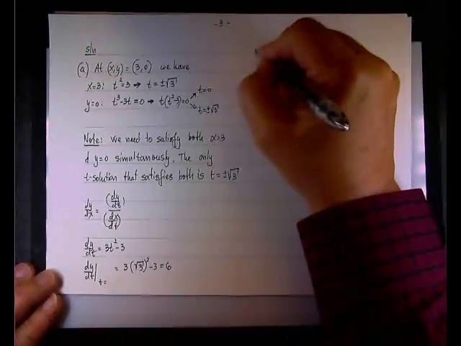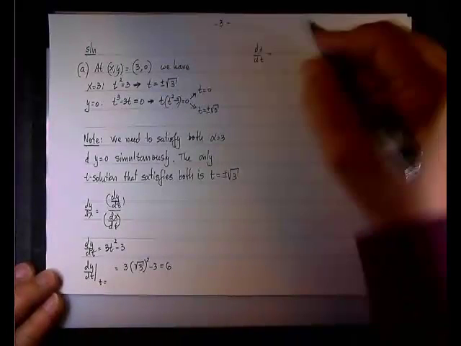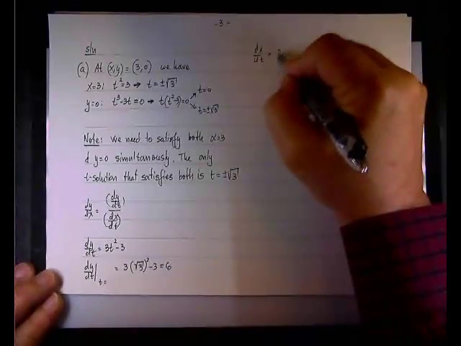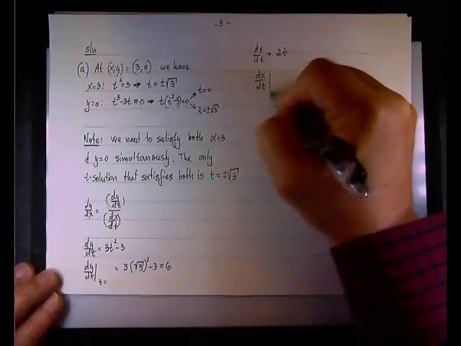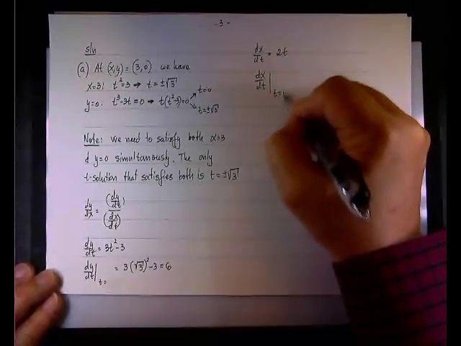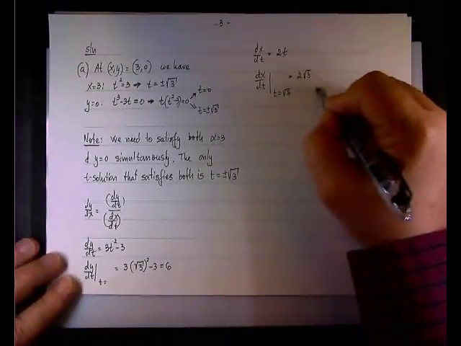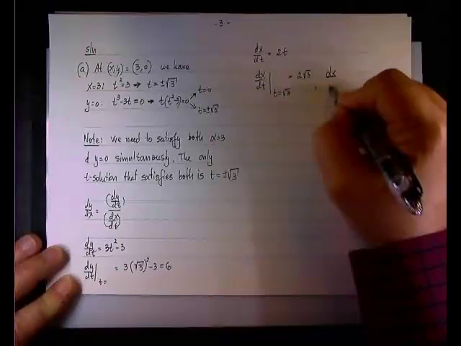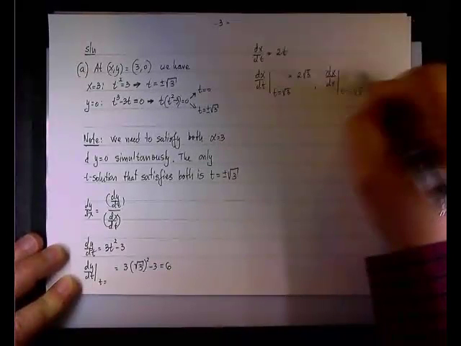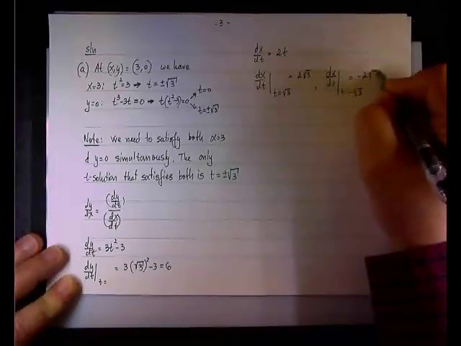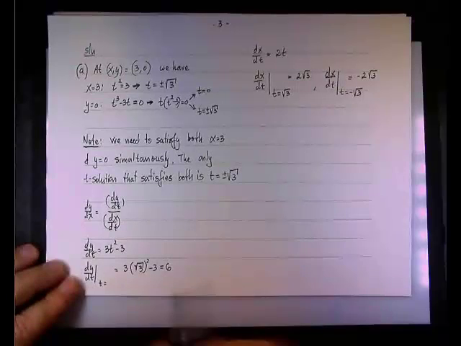Okay, what about dx/dt? Well, since x equals t squared, dx/dt is simply 2t, and here we have a difference. When t equals square root of 3, it equals 2 square root of 3, and when t equals negative square root of 3, dx/dt equals negative 2 square root of 3. So we have two values for the derivative.